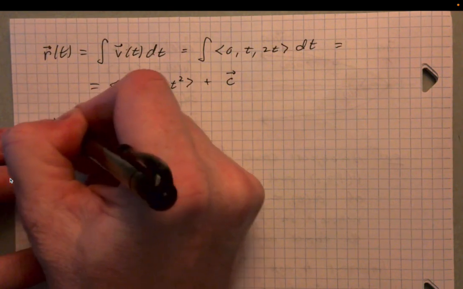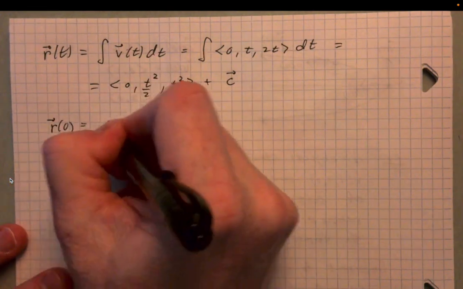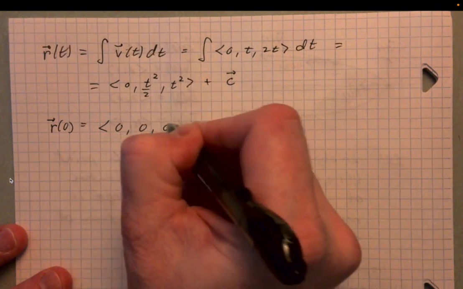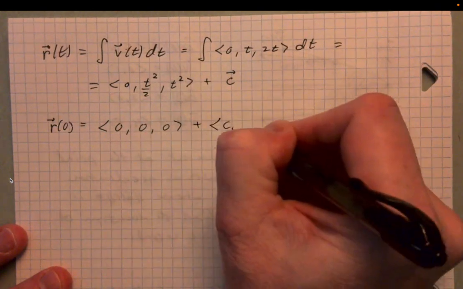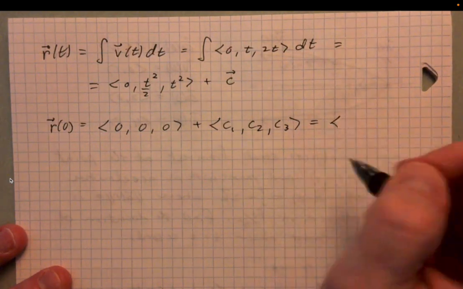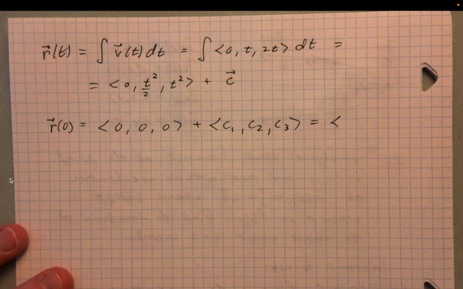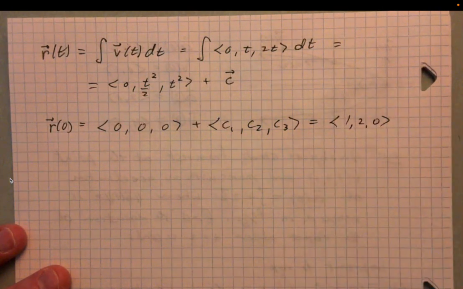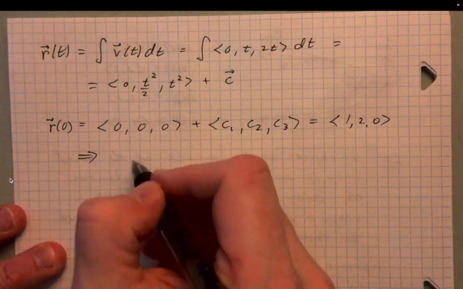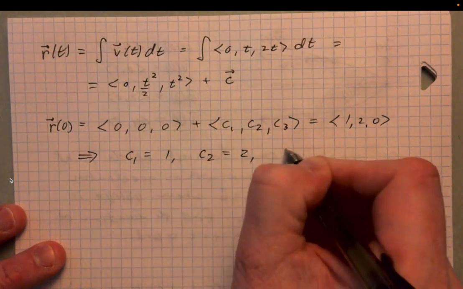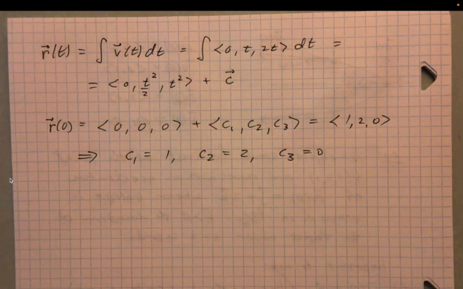So r of 0 is going to be equal to 0, comma 0, comma 0, plus c1, c2, c3. That needs to equal the initial position of the particle, where we're told that it is initially at 1, 2, 0. Right, it's sitting there. And so what does that mean? That means c1 is equal to 1, c2 is equal to 2, and c3 is equal to 0.